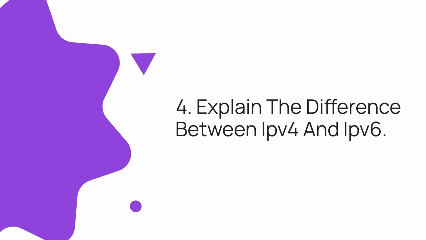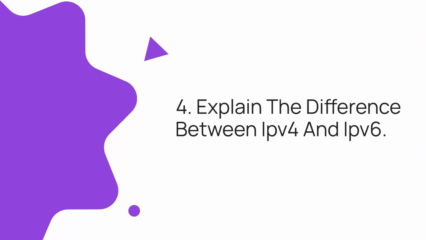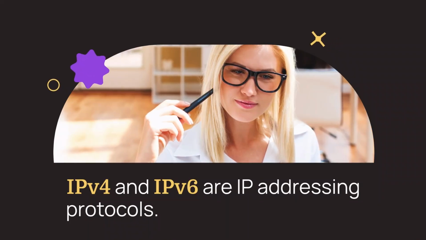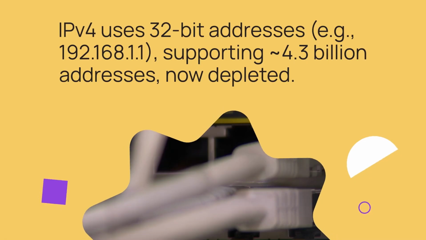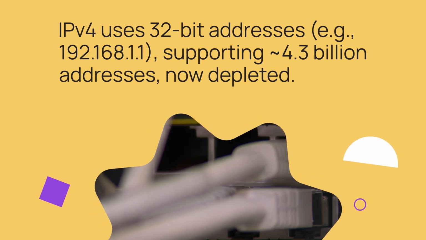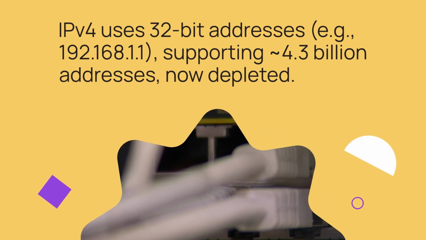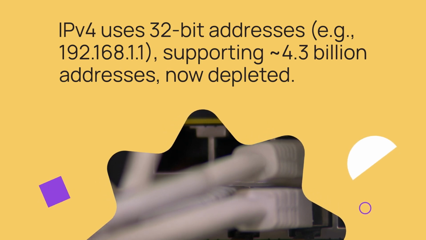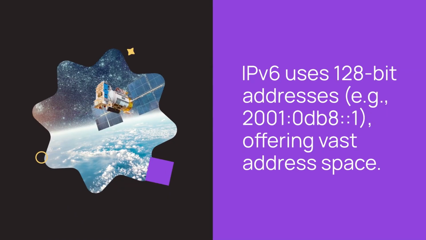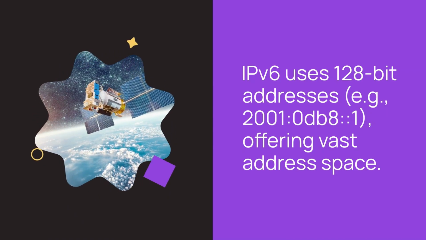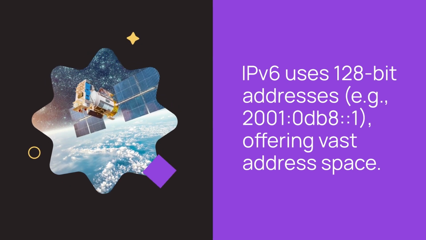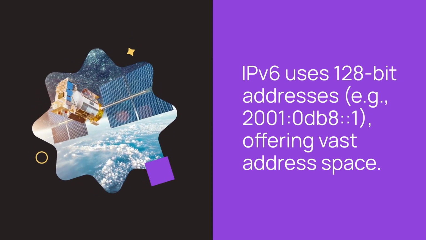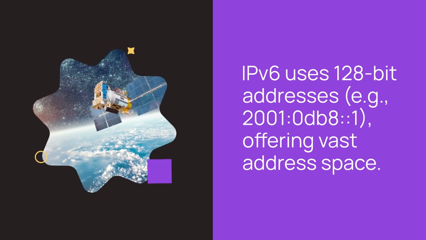4. Explain the difference between IPv4 and IPv6. IPv4 and IPv6 are IP addressing protocols. IPv4 uses 32-bit addresses, e.g., 192.168.1.1, supporting 4.3 billion addresses, now depleted. IPv6 uses 128-bit addresses, e.g., 2001:0db8, offering vast address space.